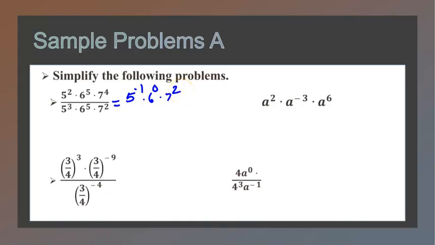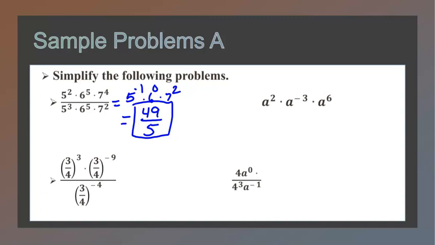If I simplify that, we end up with 49 on top, because 7 squared is 49. The reciprocal of 5 is 1/5, so that's 5 in the denominator, and 5 to the 1st power is just 5. 6 to the 0 power is 1, so my answer would be 49/5.